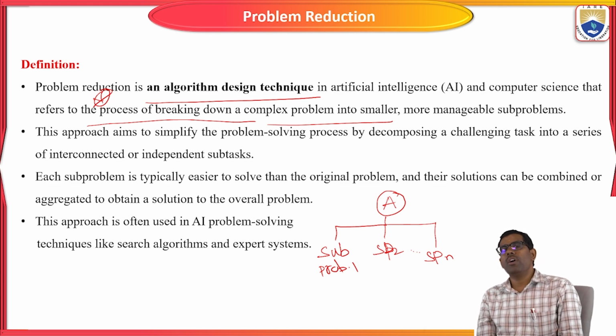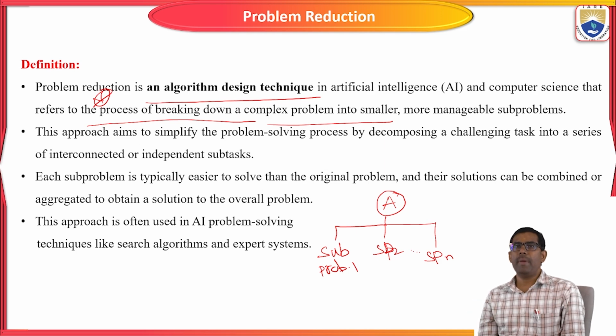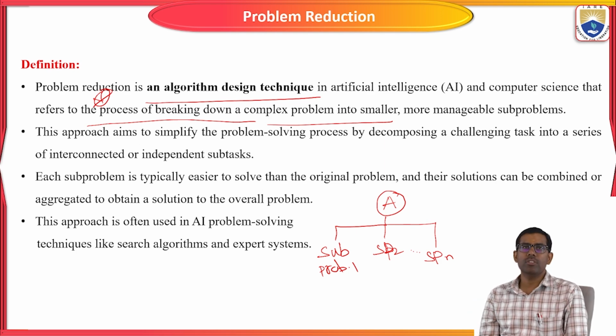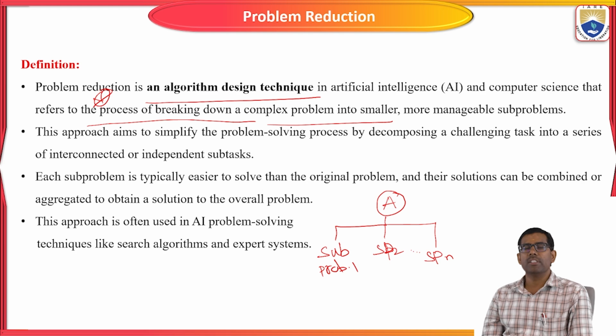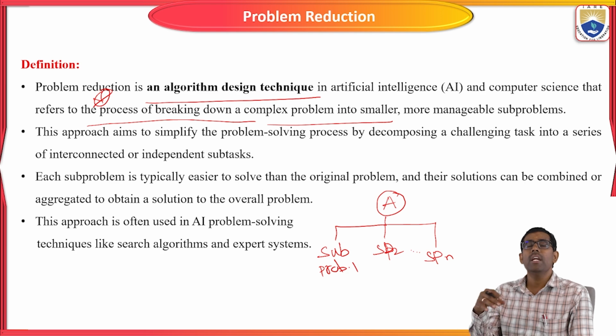However many small pieces you need, the main problem we break down. That is problem reduction. The time complexity will be reduced if you use problem reduction concepts in your artificial intelligence machines. So the main concept is the process of breaking down your complex problem into smaller pieces of sub problems.